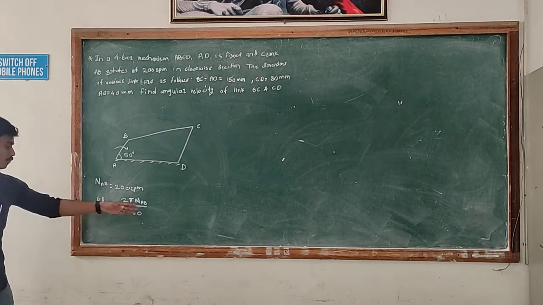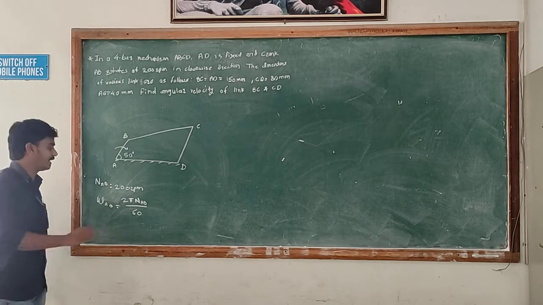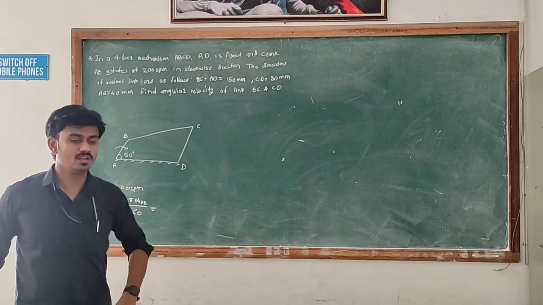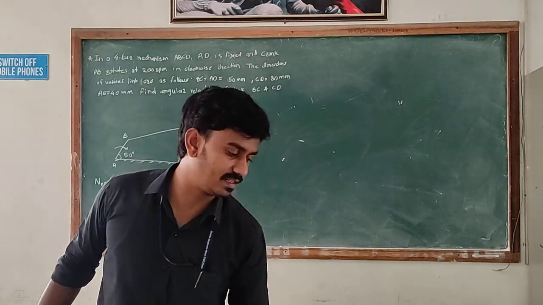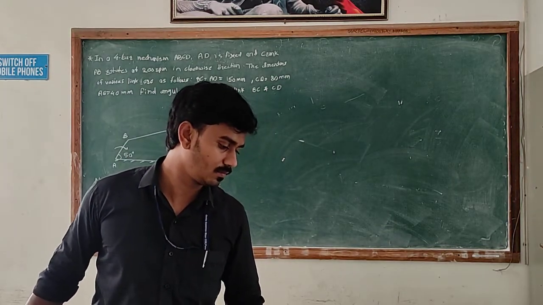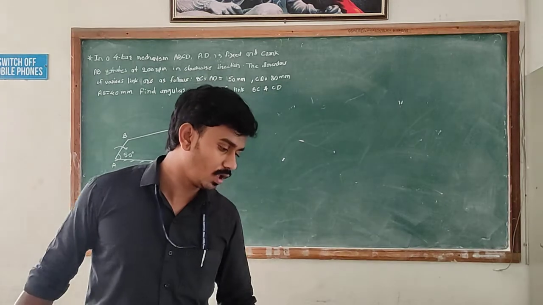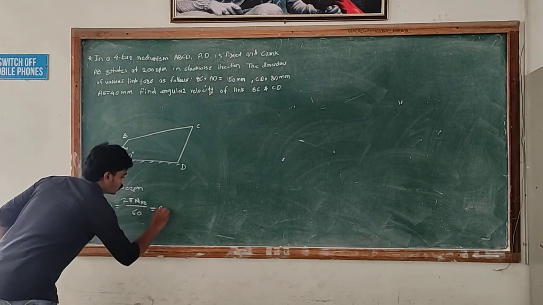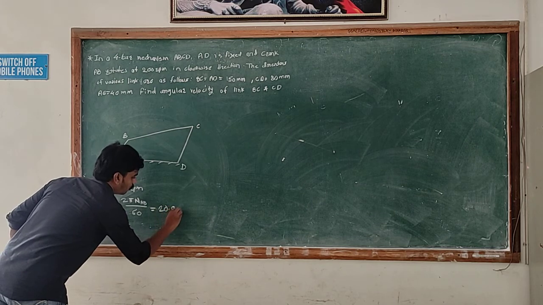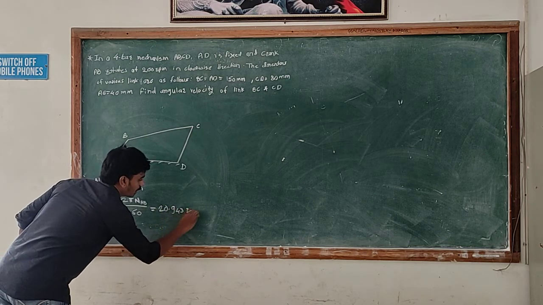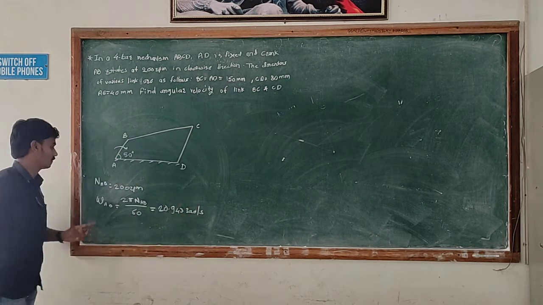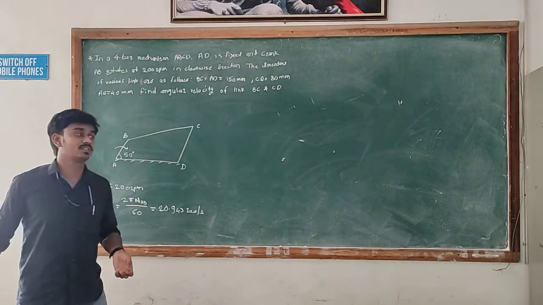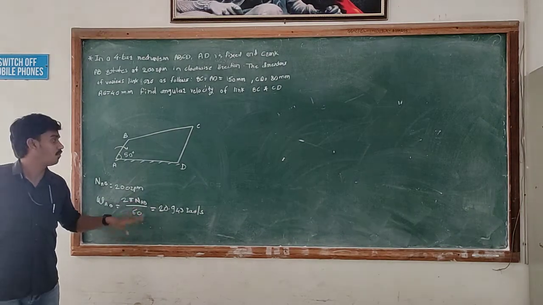Putting in the value, we get omega AB equal to 20.943 radian per second. We convert rpm into radian per second by using this formula.